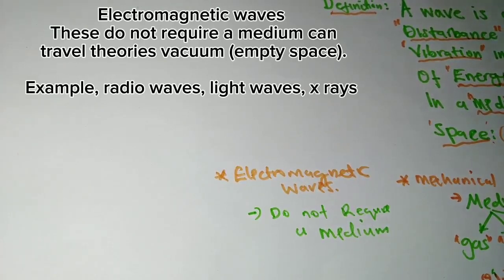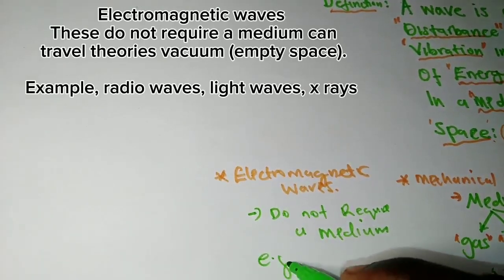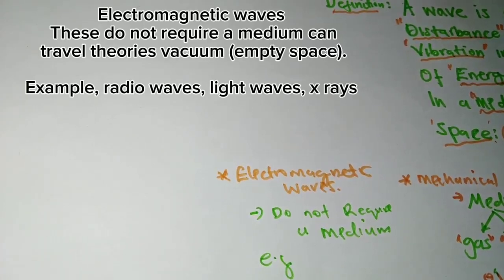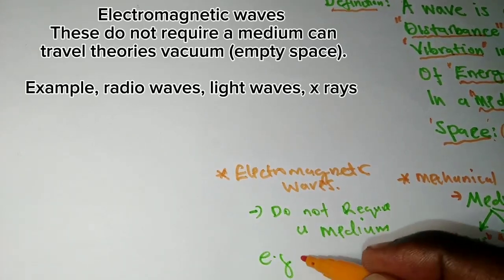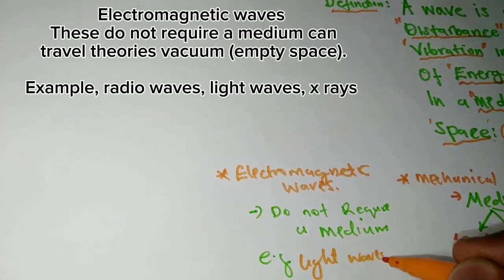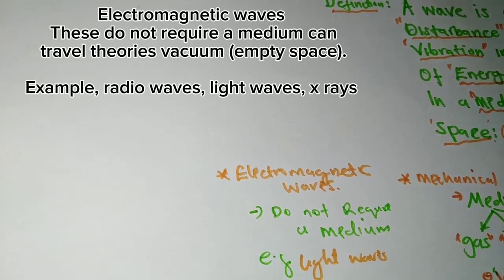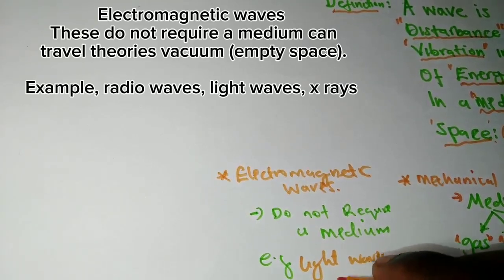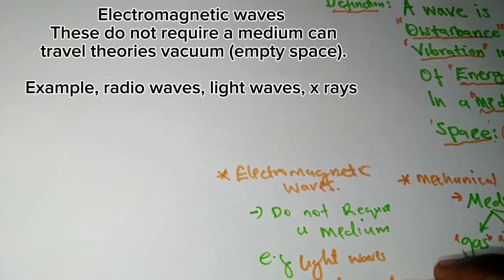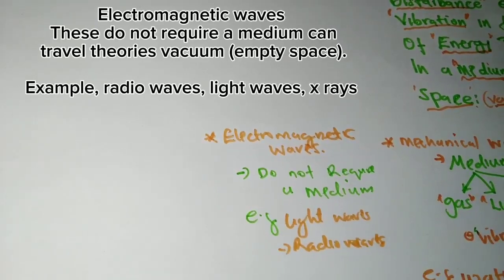We have a lot of these waves. Electromagnetic waves are a topic on their own, but just to mention a few examples, we can talk of light waves, the visible light. We can talk about radio waves, and we will of course get into these. We have X-rays, gamma rays.